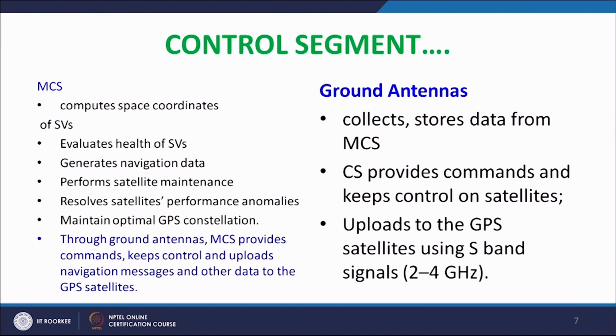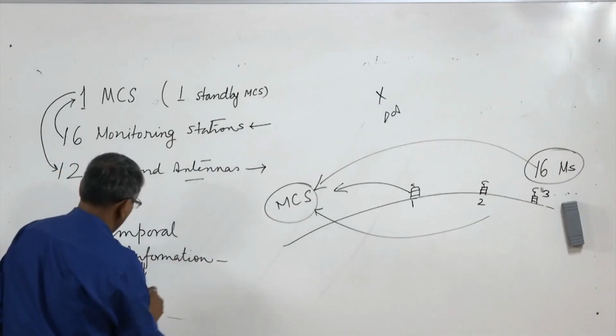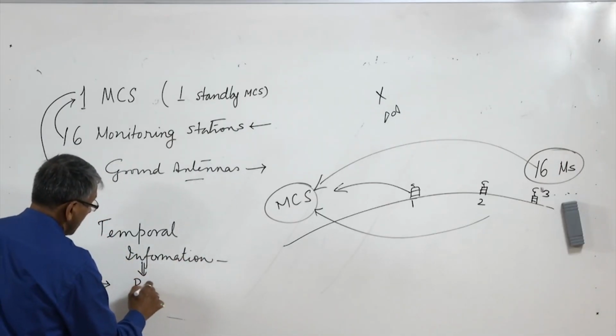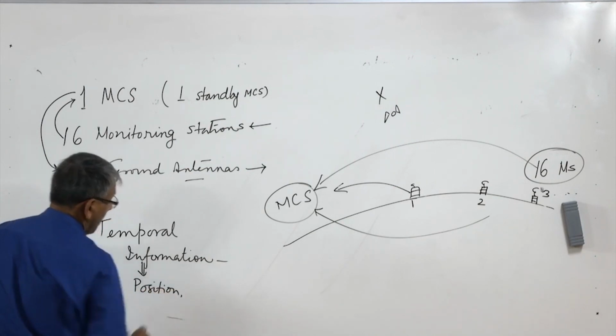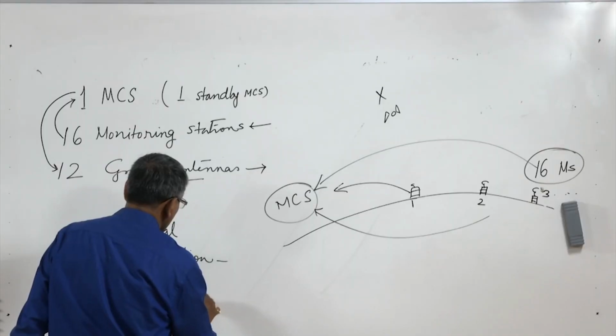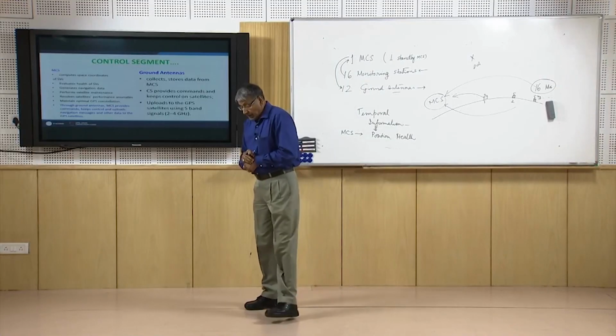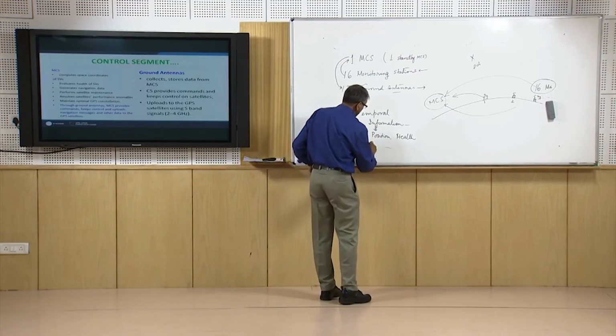Then it evaluates the health of the satellite vehicles from that data, and then it generates the navigational data. From this temporal information, the master control station computes the position of the satellite vehicles, then the health of the satellite vehicles, then generates the navigational data, nav data.